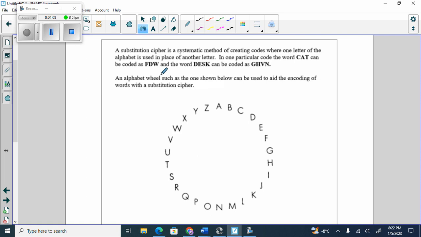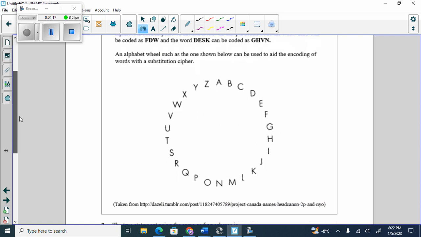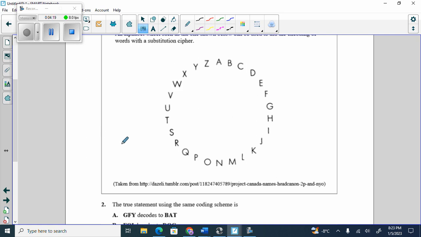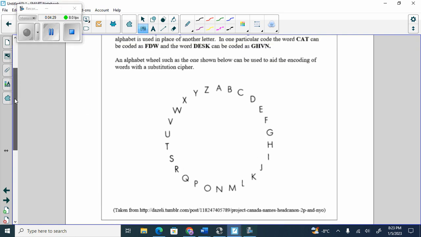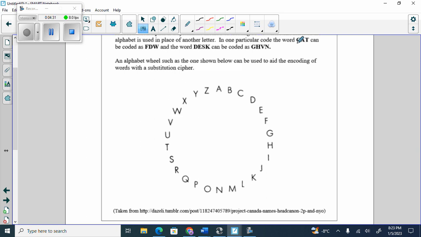An alphabetical wheel, such as the one shown below, can be used to aid the encoding of words with a substitution cipher. So here's the coding. And it says the true statement using the same coding scheme is. So up here they give us cat, C-A-T.